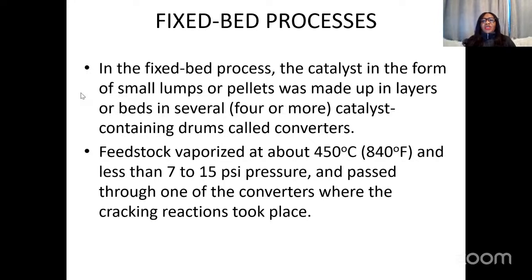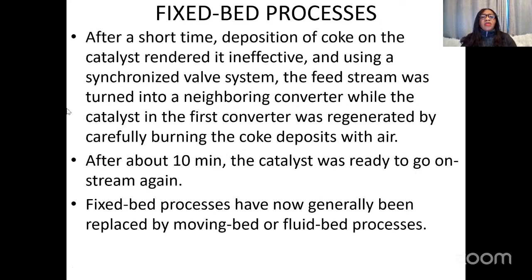If you put the catalyst in the form of pellets layer by layer, then the feedstock vaporized at about 450 degrees centigrade, at less than 75 psi pressure, passes through one of the converters where the cracking reaction takes place. So we're still talking of the fixed bed process.